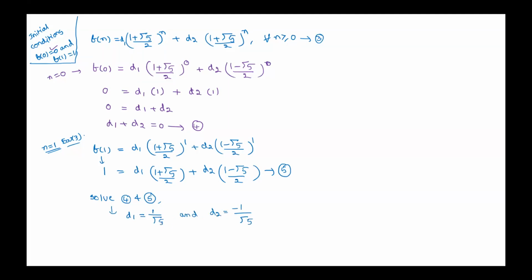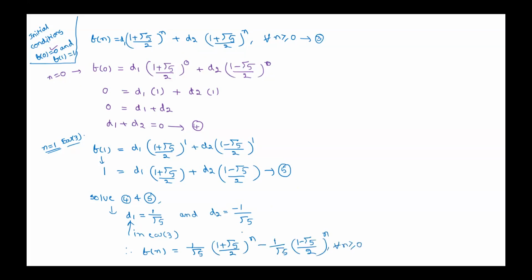So if we substitute these values back in equation 3, we finally get f of n. Therefore, f of n is 1 by root 5 into 1 plus root 5 by 2 whole power n, plus minus 1 by root 5 into 1 minus root 5 by 2 whole power n, for all n greater than or equal to 0.